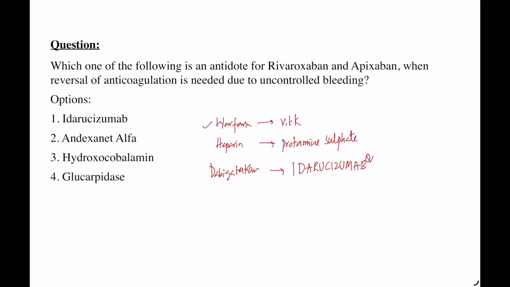There's so much of interest in modern exams. Dabigatran, idarucizumab, and next we have rivaroxaban and apixaban. We have andexanet alfa. So this is the question now this time. Andexanet alfa is the correct answer for this particular question.